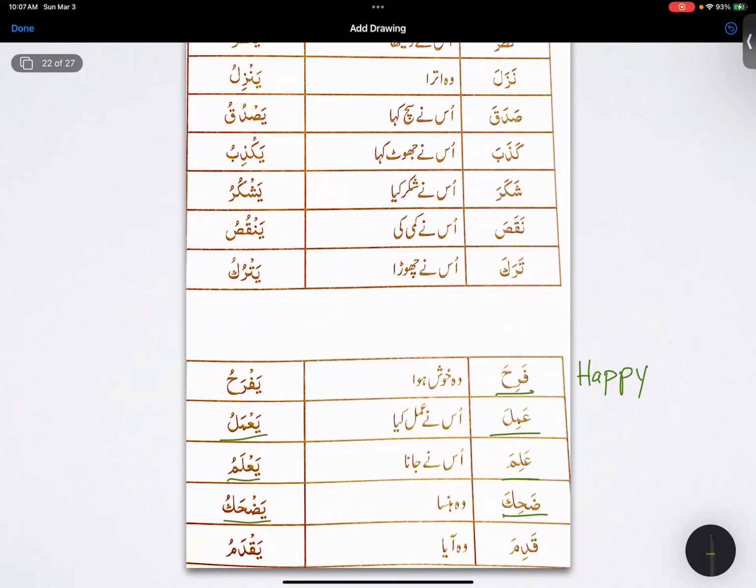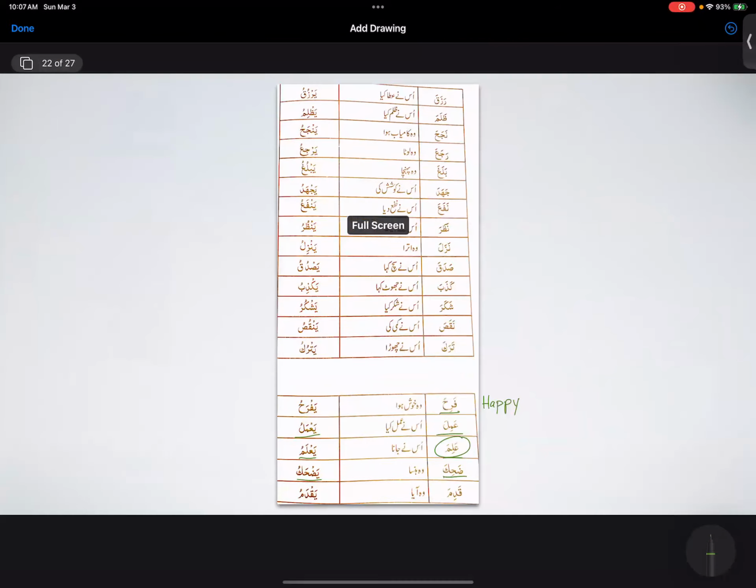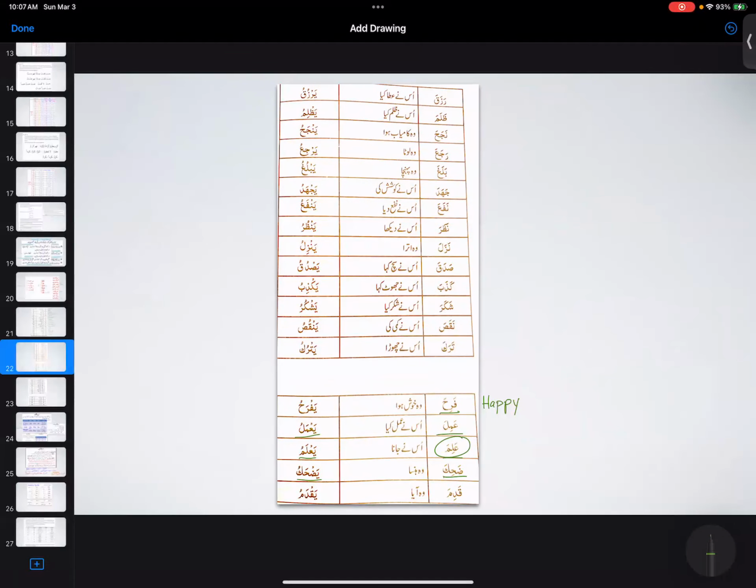So this is not a permanent quality, but we can say alima ya'lamu. Not all of them are always gonna fit on whatever we are trying to give as a marker. But quite a few you will see in the Quran that this family is used for a temporary quality.